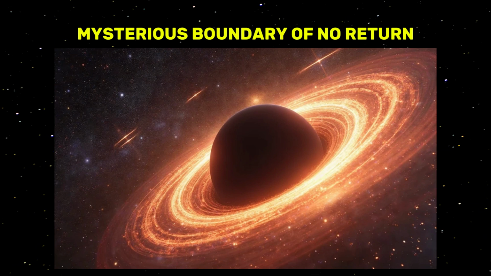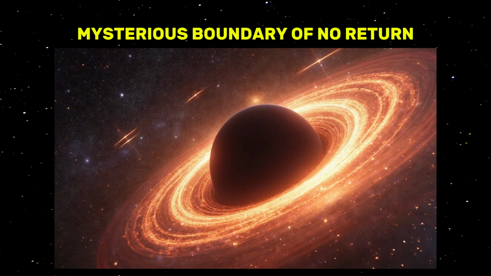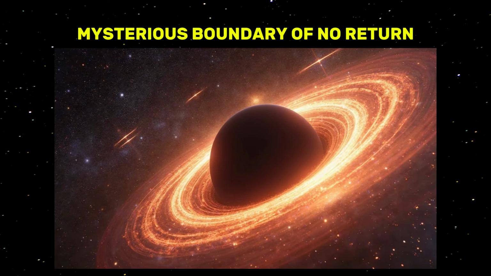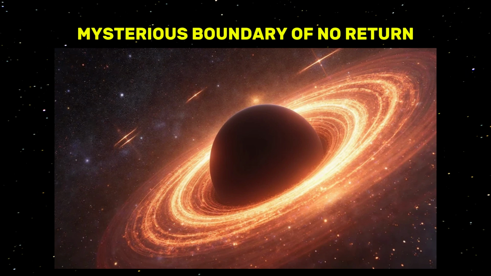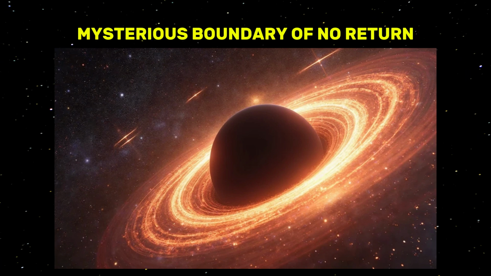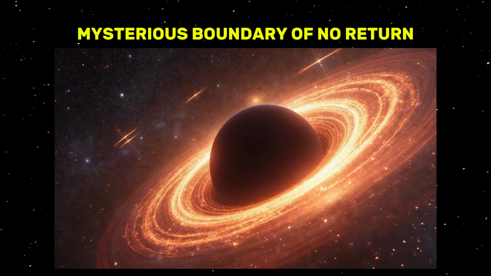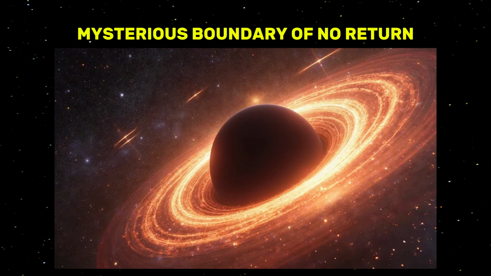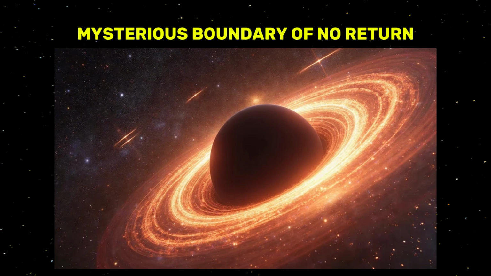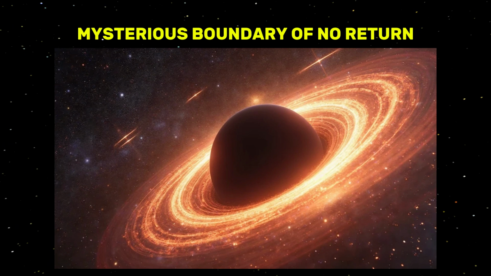At its essence, the event horizon isn't a solid surface like a planet's crust or a star's exterior. Instead, it's a boundary in the continuum of space and time, a point beyond which any chance of escaping a black hole vanishes entirely. This limit is closely tied to the black hole's unique characteristics.